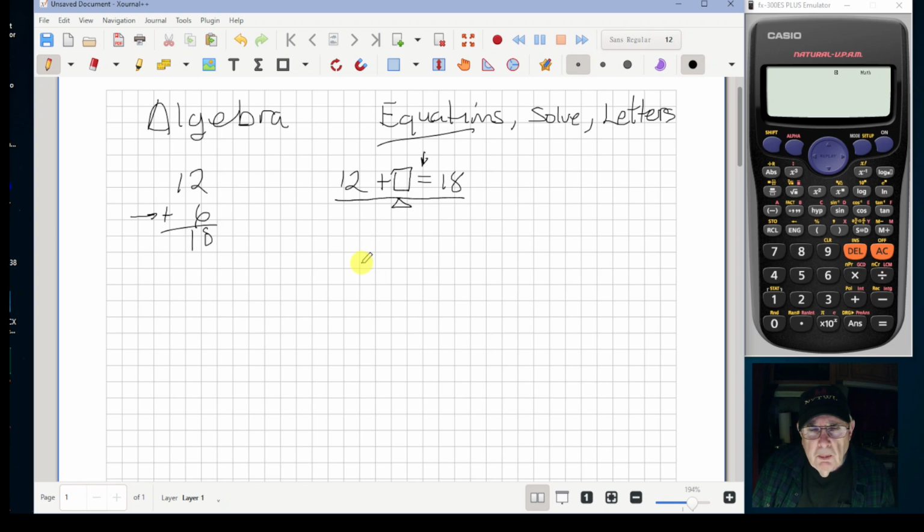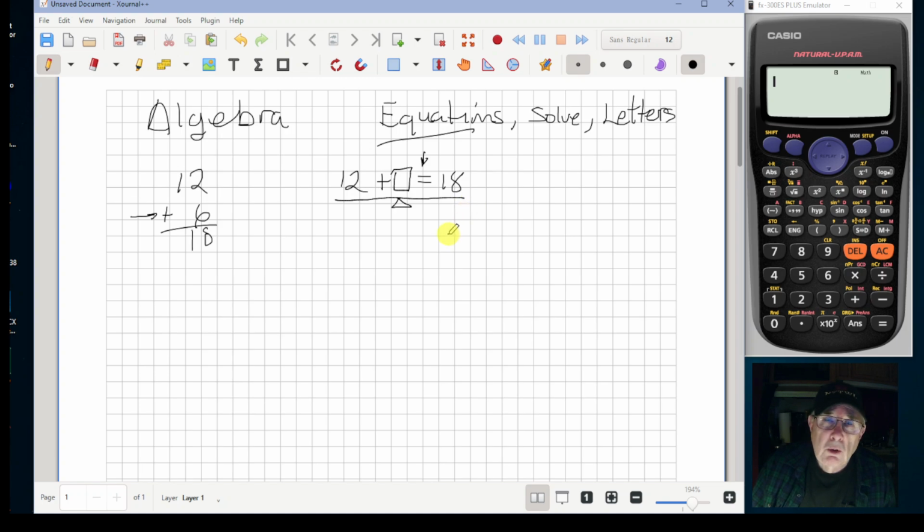We're allowed to apply those to the equation in such a way that it helps us determine what's the missing piece here, as long as we do not upset the fundamental balance. In other words, I can't add 3 to this side and not do something equal to this side. If I add 3 to this side, then I have to add 3 to this side. Otherwise, I'm changing the fundamental value.